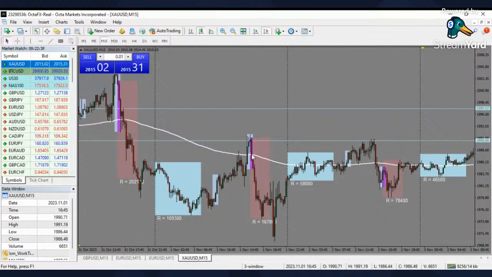It closes below this line. Now you will see that this reacts exactly with our 200 EMA, our 200 moving average, right? So you can see this next candle closes below this line.